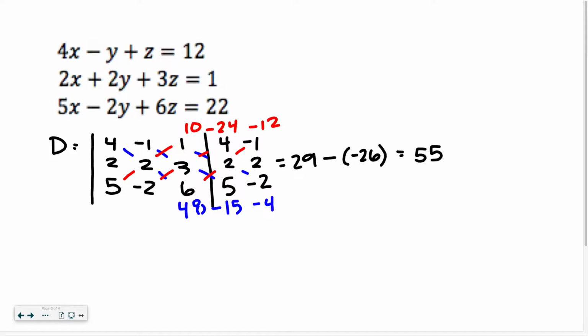Okay, so kind of like work it out. Maybe check in with your pod members, like what you're getting for the product of your diagonals, right? We should all be able to calculate 3 by 3 determinants. And like I said, because look at your constants, 12, 1, 22, some of the numbers get kind of big, so if you want to use the calculator to do the products, that's fine.